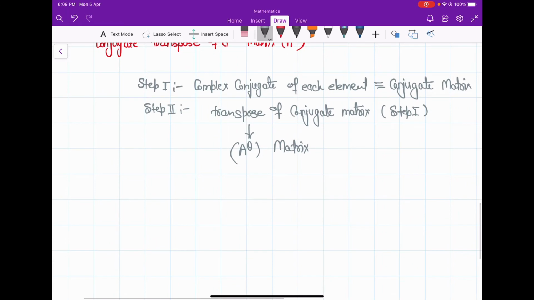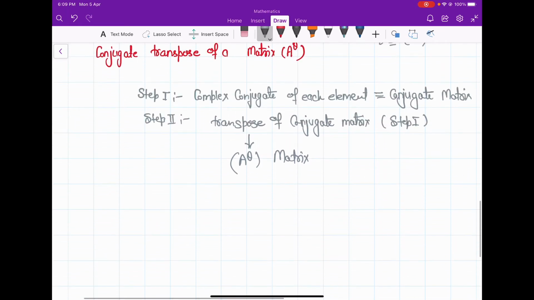So from an example we can see how to find the conjugate transpose of a matrix. Suppose A is equal to 1 plus i, 2 minus 3i, and 4. B is equal to 7 plus 2i, minus i, and 3 minus 2i.